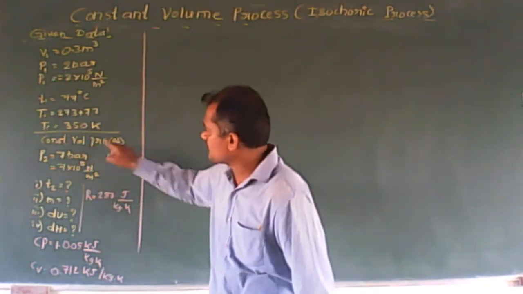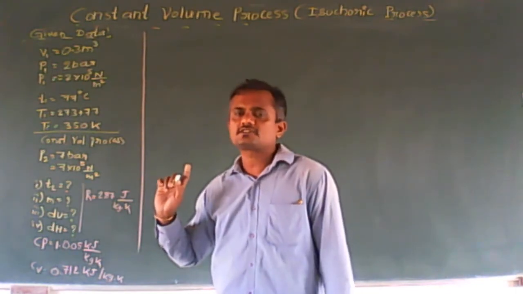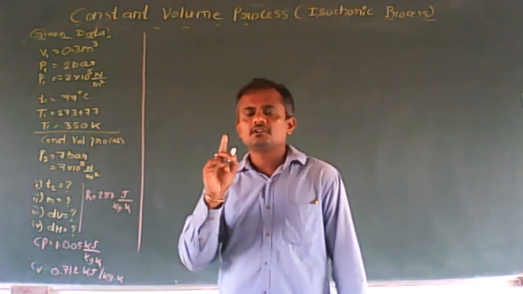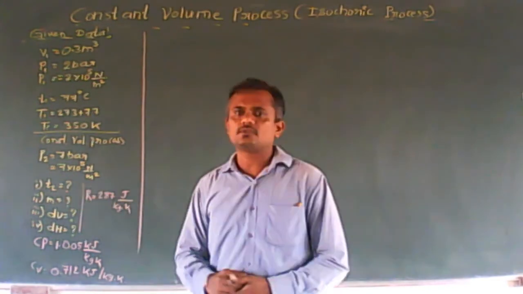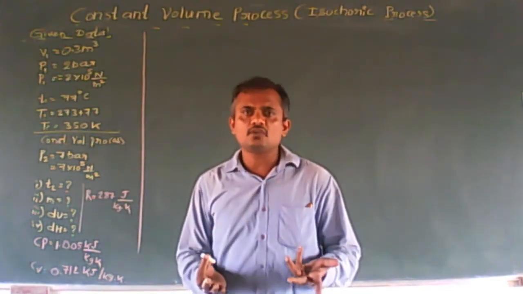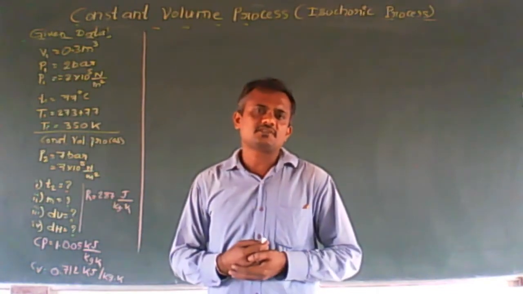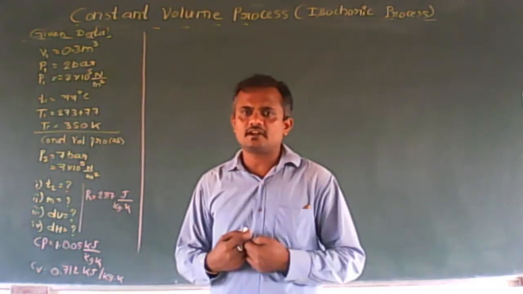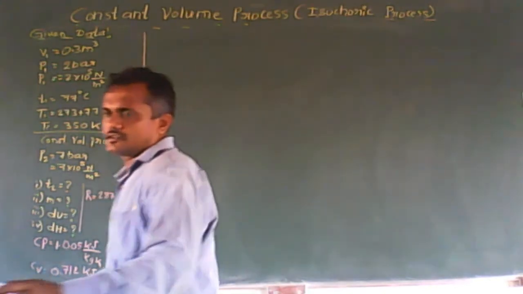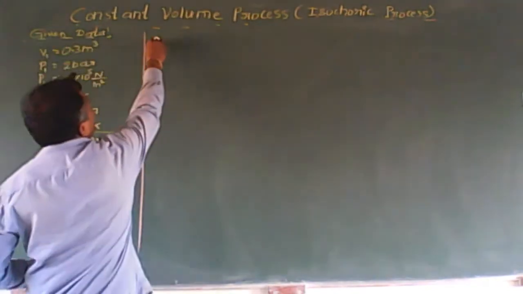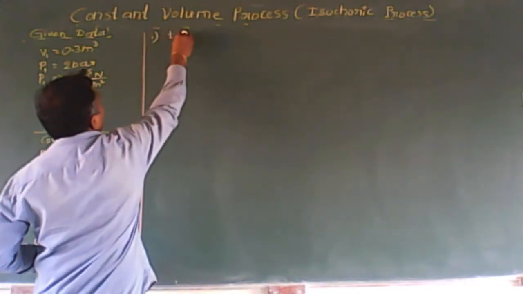Since it is a constant volume process, if you know the expression for pressure, volume, temperature, definitely you can calculate this T2. Or otherwise, if you do not know the pressure, volume, temperature relationship for a constant volume process, then you can write the general equation from which you can easily calculate. Okay, so first let me take a calculation of T2.